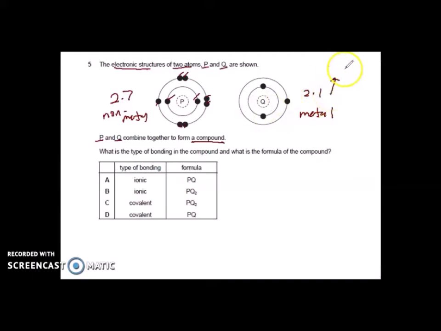This one will form Q positive, and this part will form P negative. So they'll form ionic bonding with the formula of QP. They'll cross multiply, so your answer is A. Number 5 is A.